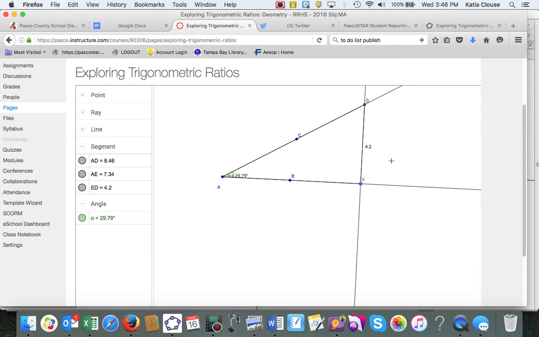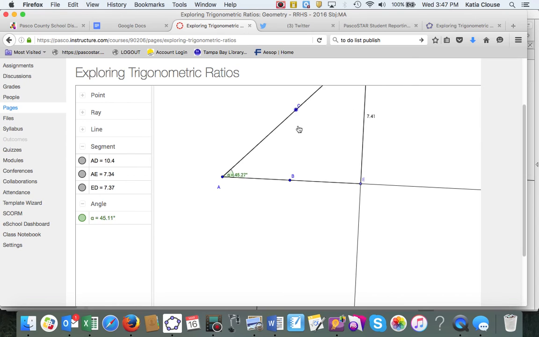DE now is 4.2, and when I divide that by AD, 8.46, that's still approximately 0.5, just like before. Now the other ratio, AE over AD: AE is 7.34 divided by AD, which is 8.46, and lo and behold, that's still approximately 0.9. So the ratios are staying the same. Why? Because the corresponding parts of the triangles are proportional, so the ratios of the sides are going to stay the same.